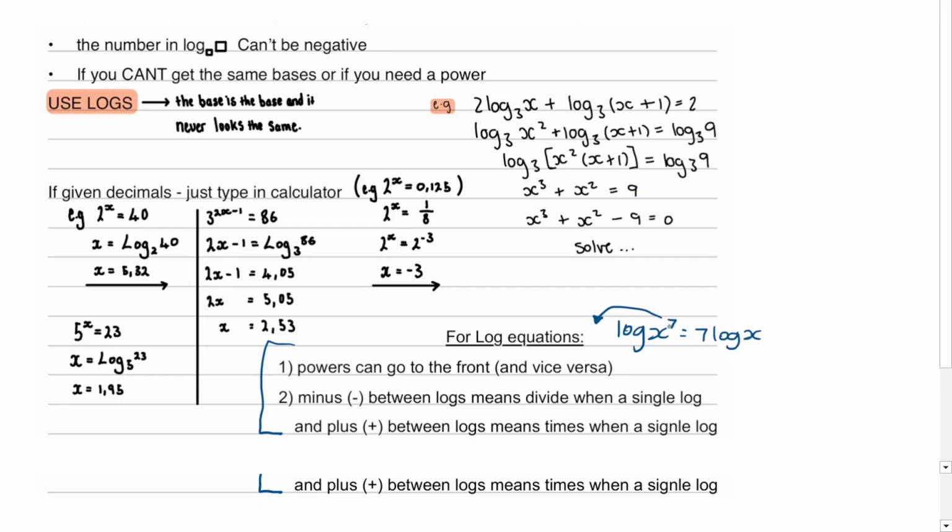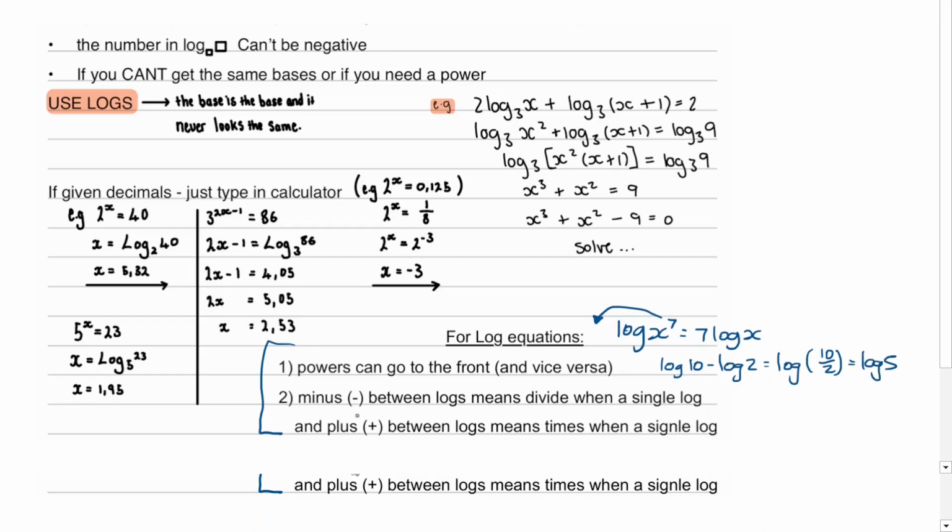And obviously it works vice versa: if I had 7 log x, I could take that 7 and make it a power. The second one is if there's a minus between logs, it means that you can divide it as a single log. So if I had log 10 minus log 2, then I can write that as log 10 divided by 2, which is just log 5.